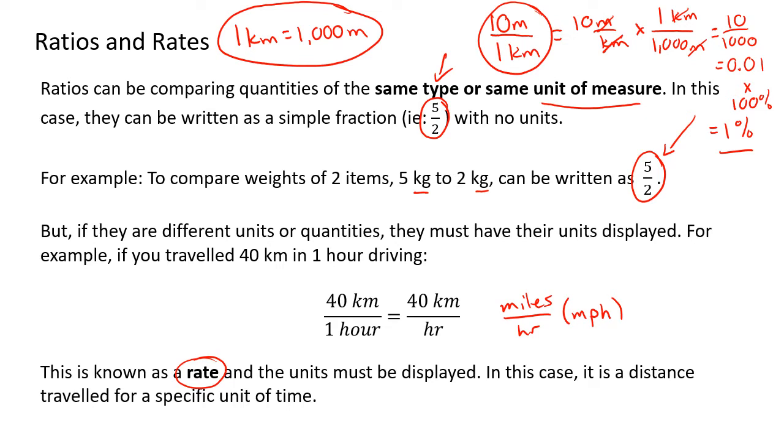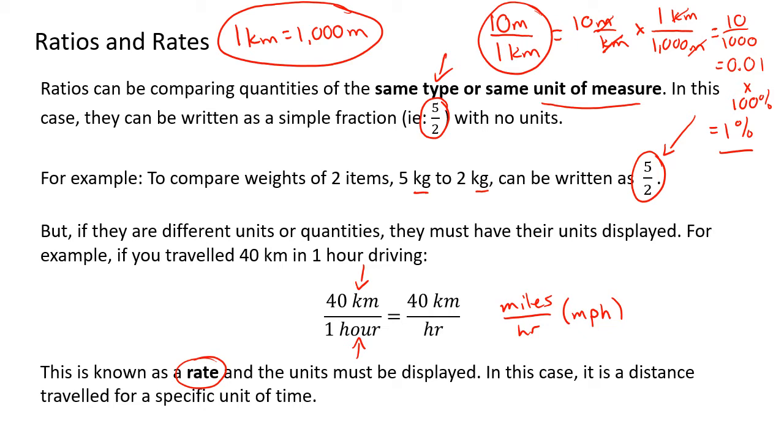Those are all rates. It's the ratio of the distance you expect to travel within a certain period, in this case an hour. So both kilometers per hour and miles per hour are comparing on a per hour basis.